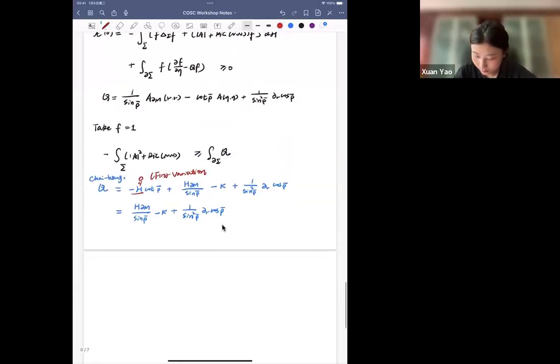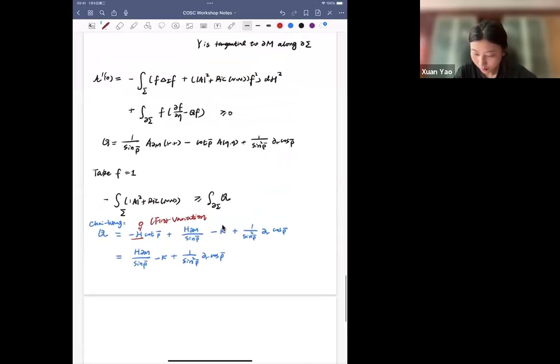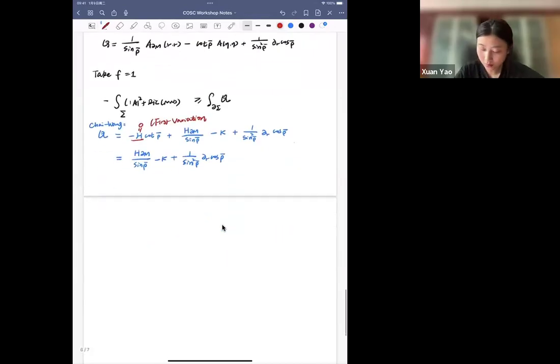So now by taking this, rearranging the terms, and also using the Gauss equation.